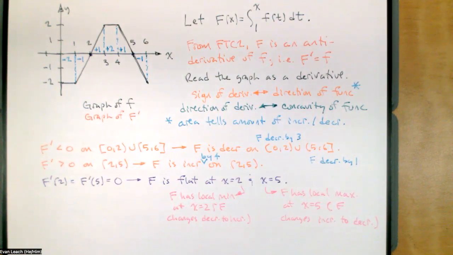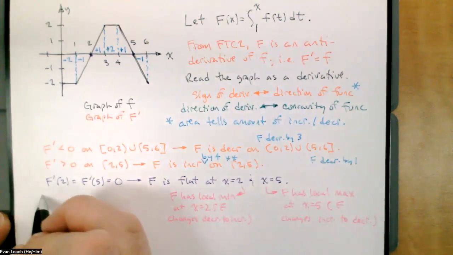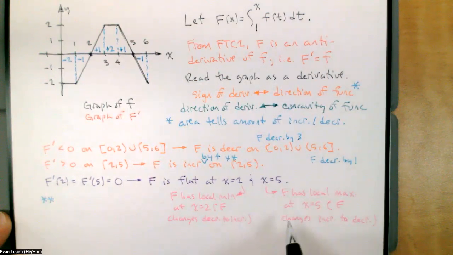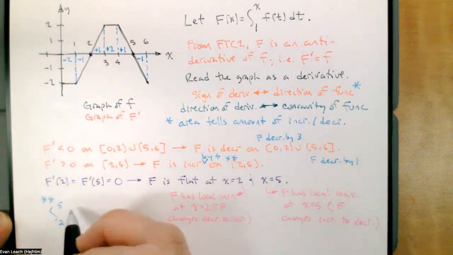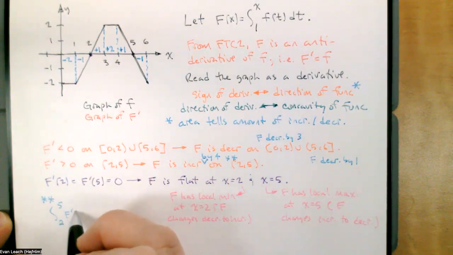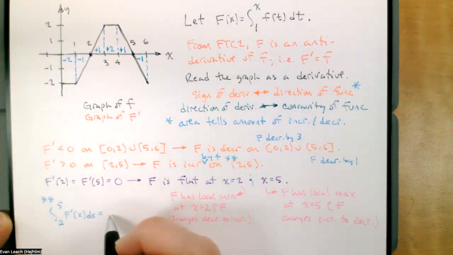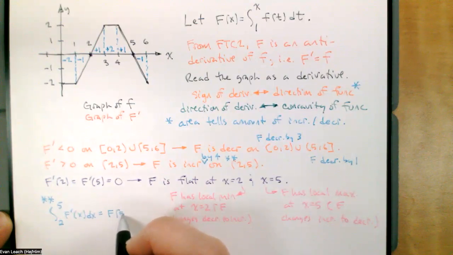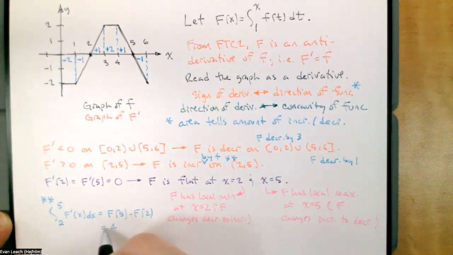This is just using our first fundamental theorem of calculus. The area between 2 and 5 of capital F prime of x dx is equal to F at 5 minus F at 2, which is equal to 4.